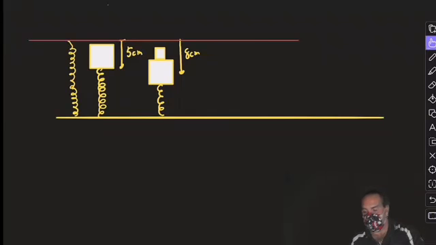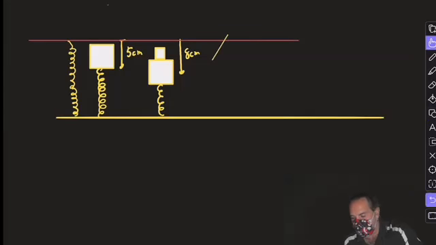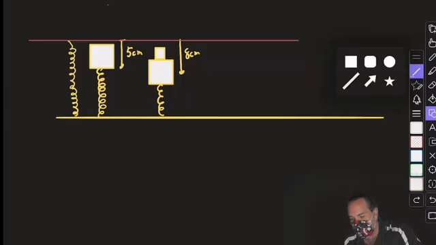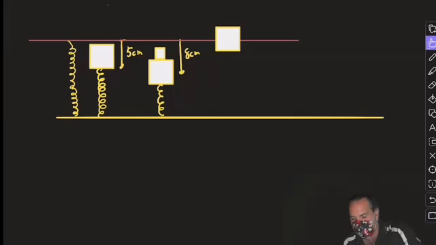So if I want to stay in a condition, now it asks about pulling the box downwards and letting it go. It's the wrong way to do the problem. So instead, lift the box upwards to the point where we know the boxes won't separate. So I'm going to lift them right to here.